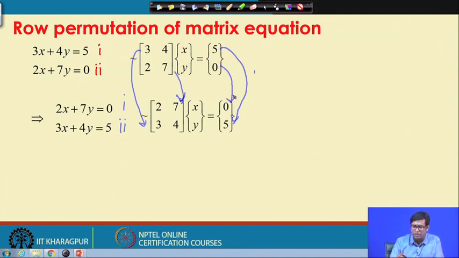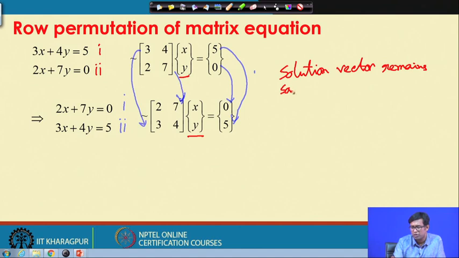However, the column vector x y, which is the solution vector, remains the same. And not only the same in value, because we solve the equations we will get the same result, but the solution vector also remains the same in order.